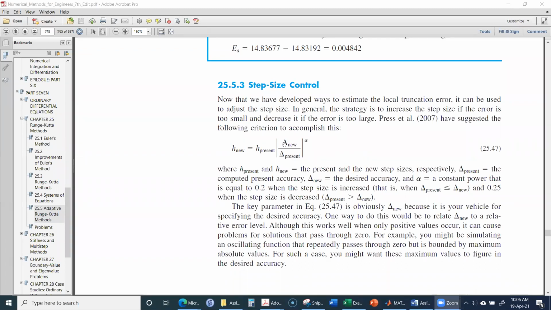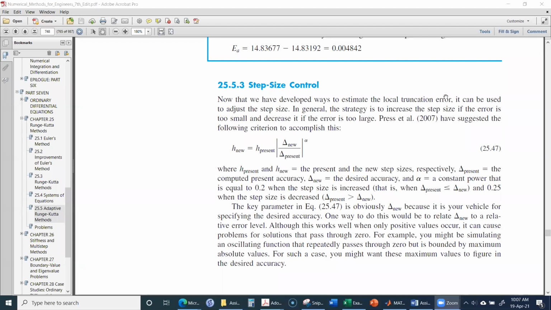So if our delta present is less than delta new, we will increase the step size. If, on the other hand, delta new is less than delta present, the step size will decrease.